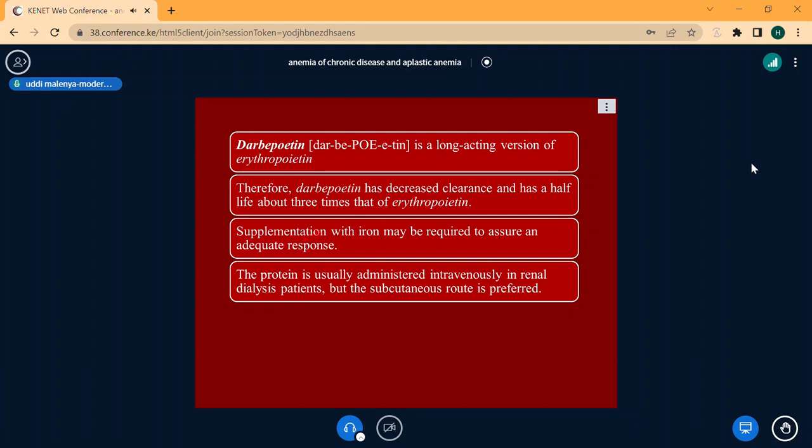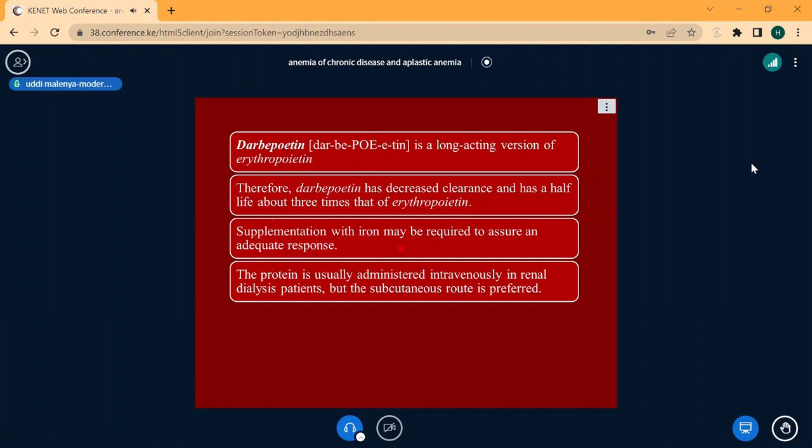Now, what are we saying here? Erythropoietin is only supposed to be used to stimulate production of red blood cells, which can be mature or immature.